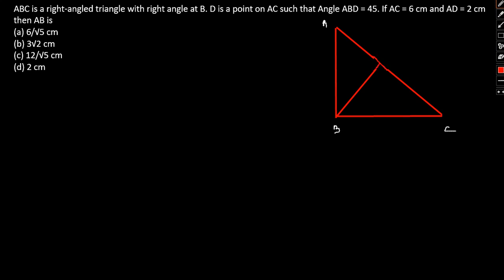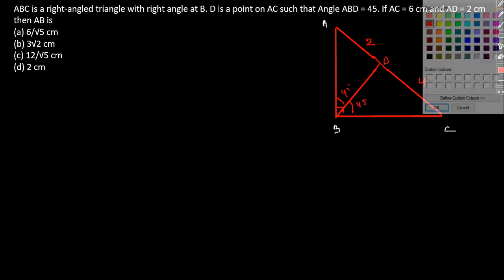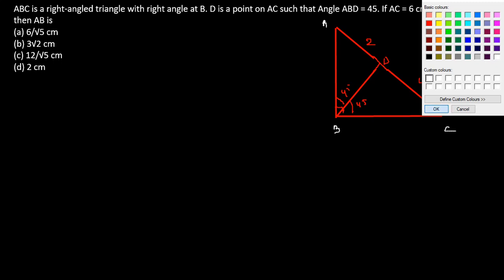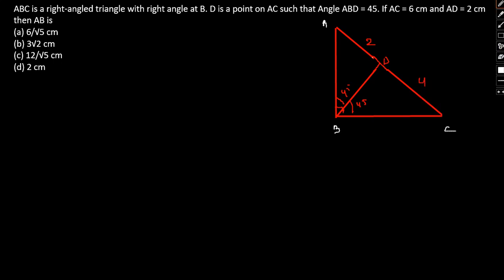This angle is 45, this angle is also 45. Since AC given is 6 and AD is 2, this is point D. If this is 2, this will be 4. Okay, so this is the figure that we have in general.